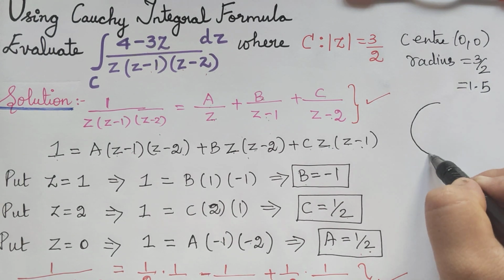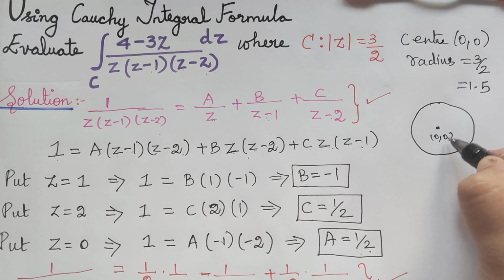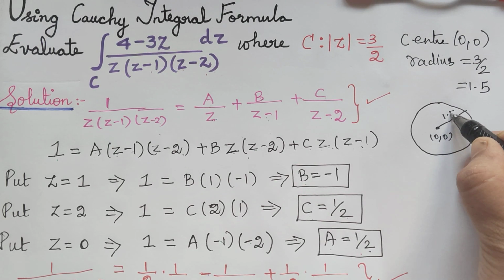So we are considering a circle which has the center at the origin and the radius is 1.5.